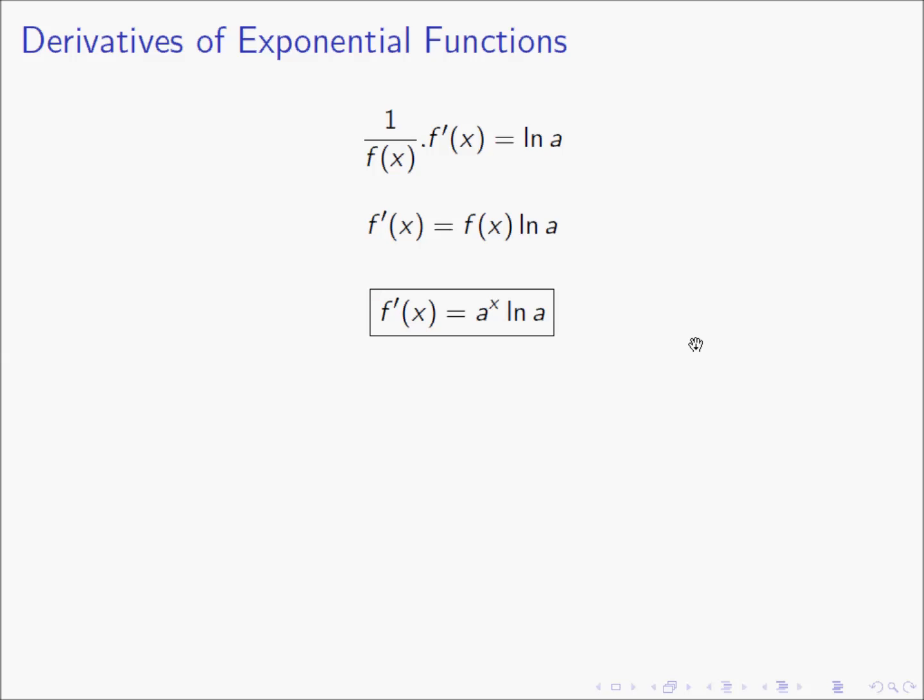And this makes sense because in part 1 we saw that the derivative of e to the x is e to the x. If here we put a equals e, we're going to have e to the x times the natural log of e, and the natural log of e is 1. So this makes sense. It agrees with what we saw in part 1.